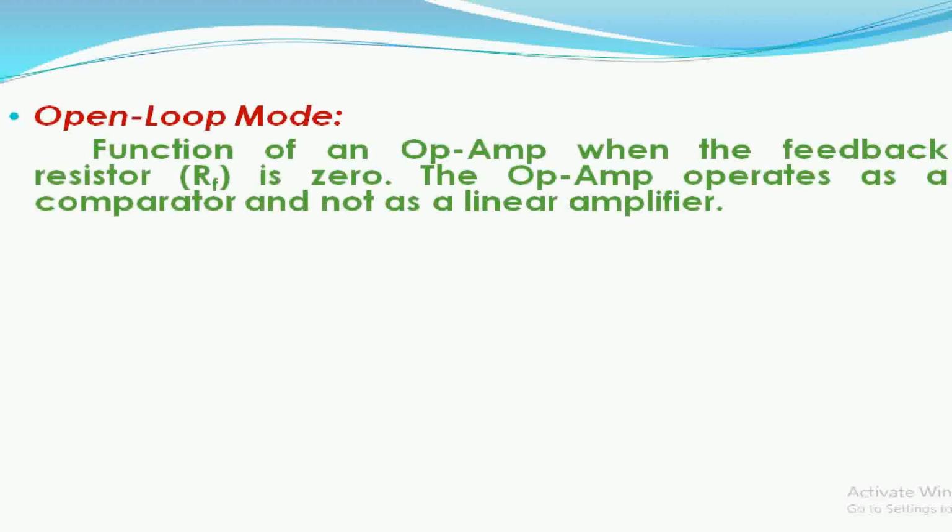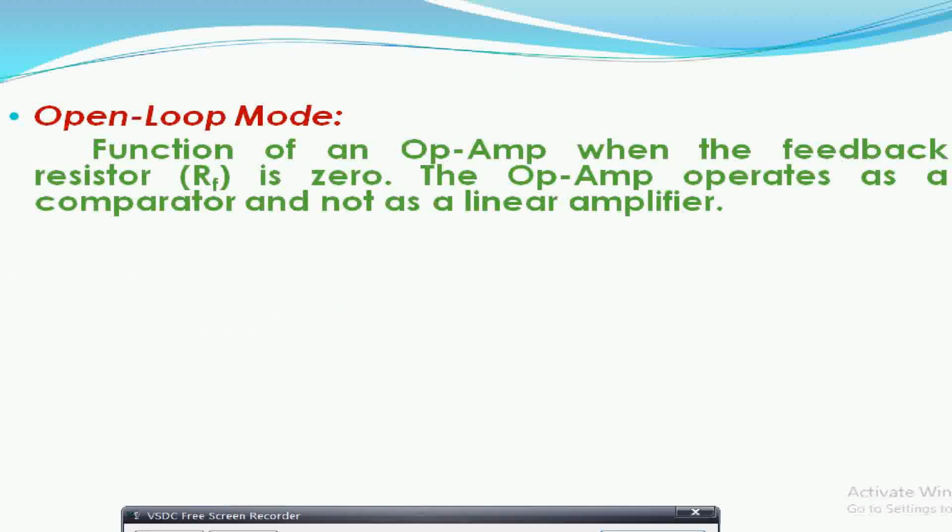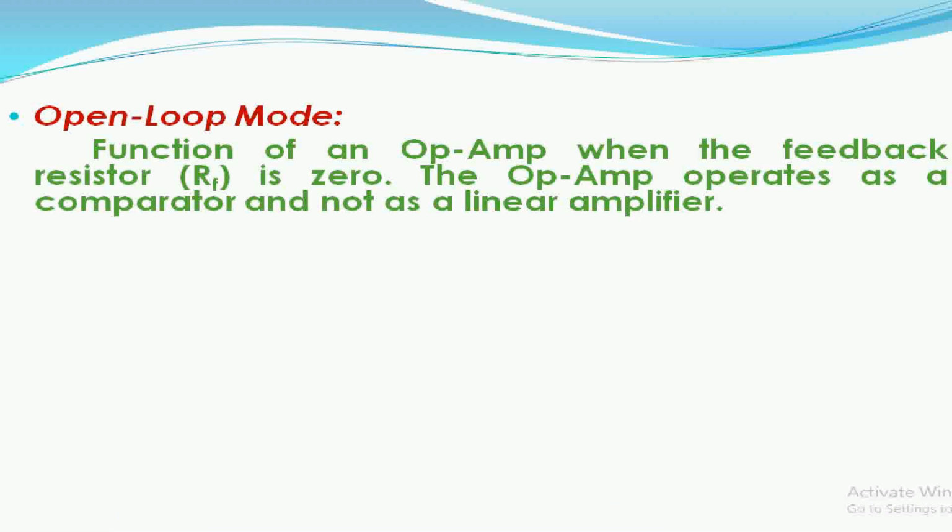Open loop mode. The function of an op amp when the feedback resistor RF is 0 is called open loop. If you just see here, this is your op amp symbol. Here we have one input and here one more input.